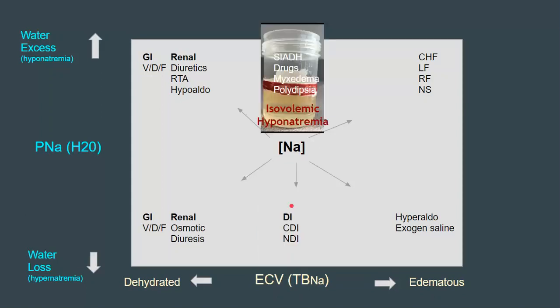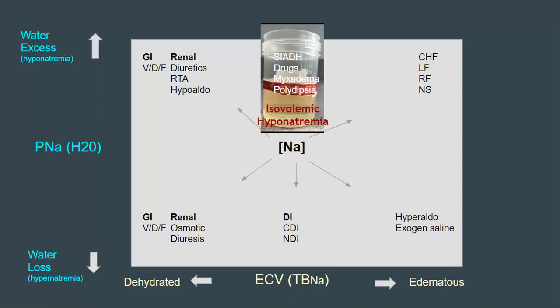So the isovolemic hyponatremias are the SIADH syndromes. And before you call somebody with having SIADH, you have to make sure they have normal renal, adrenal, and thyroid conditions. So when you rule those things out and you check a urine sodium versus a plasma sodium and the urine sodium's higher, you think to yourself, maybe they have SIADH.